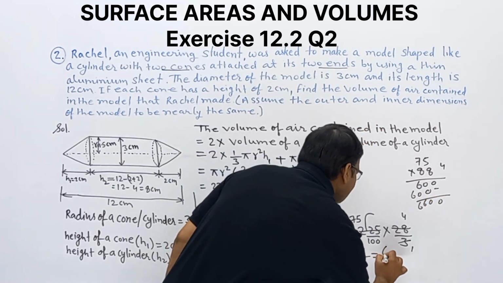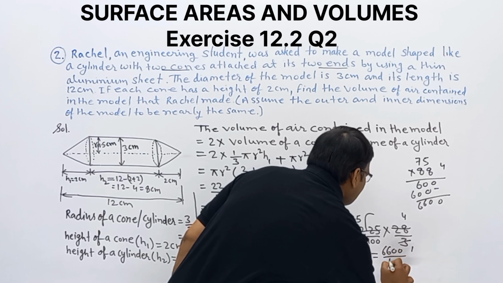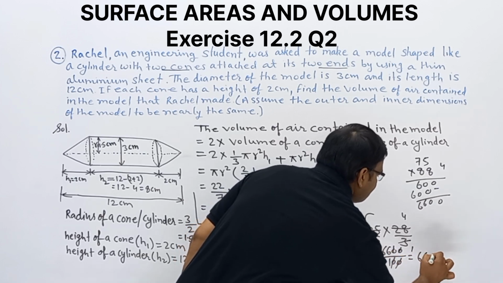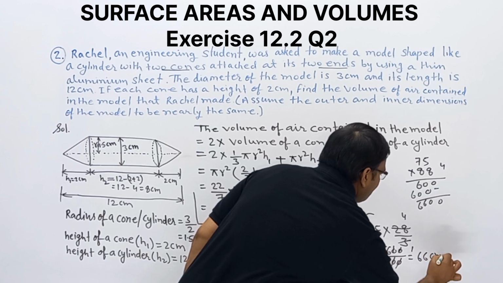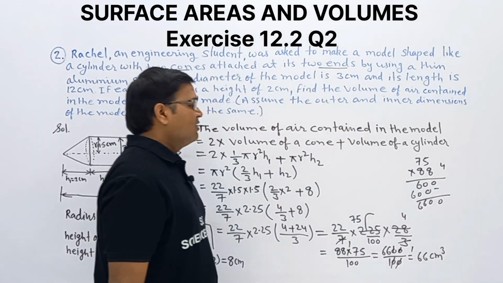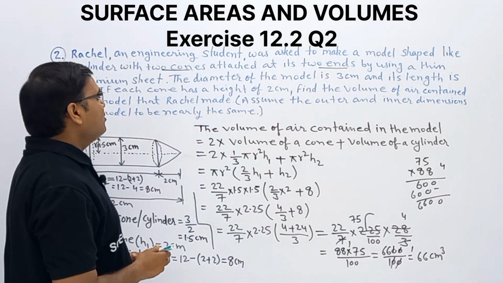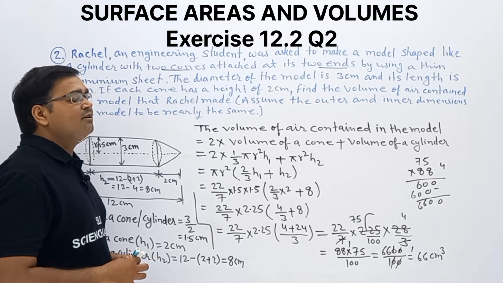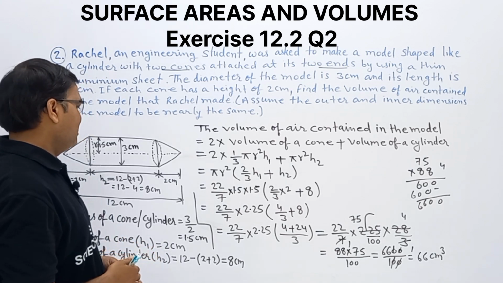So what we are getting is 6600 divided by 100. Solve this one, we are getting 66. This is the volume in centimeter cube. 66 centimeter cube is the volume of air contained in the model. This is the required answer.